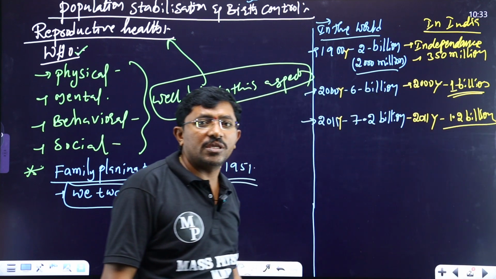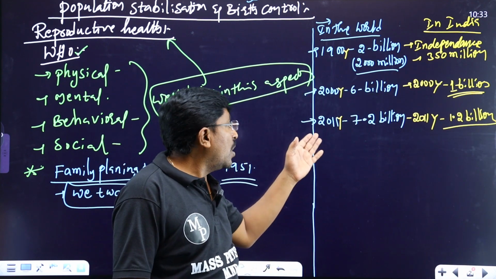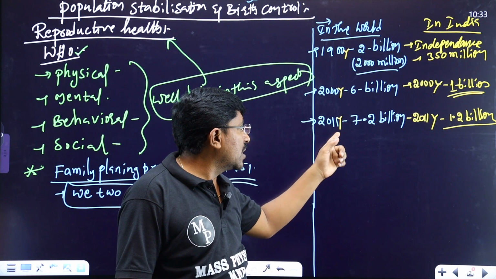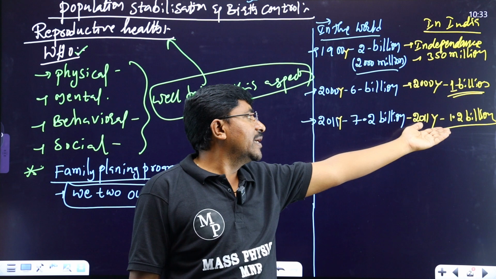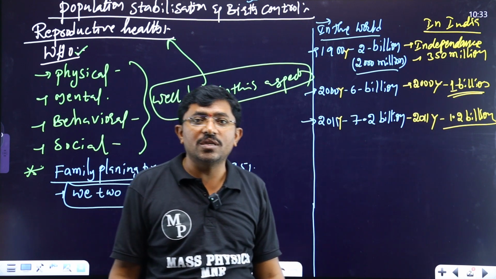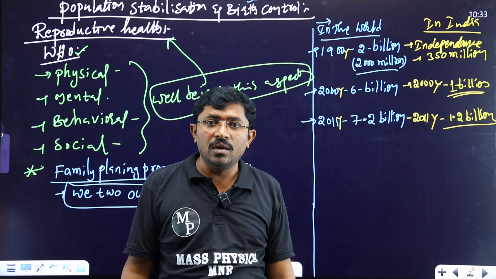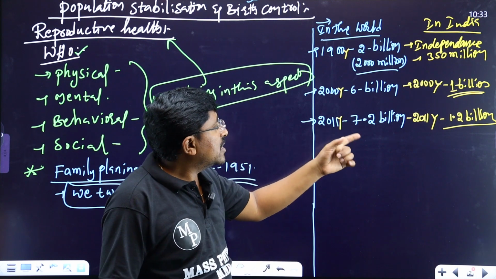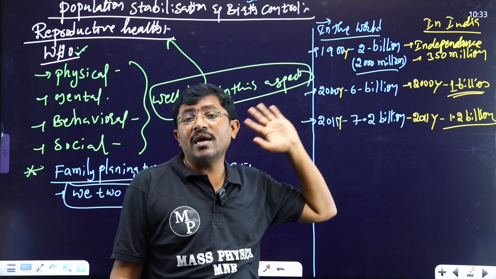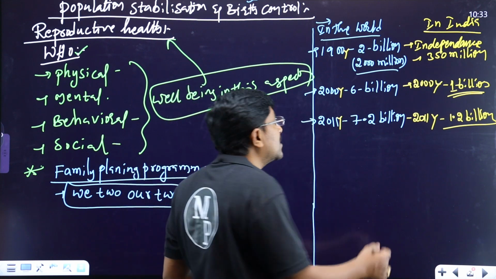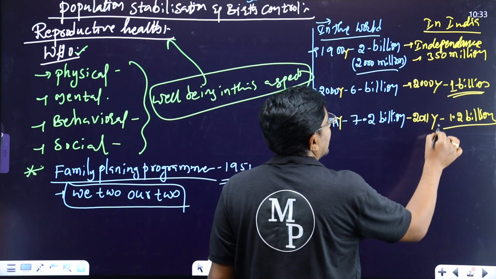In 2011 the world population is 7.2 billion, and in India alone 1.2 billion population is there. So what are the reasons for the increase in India's population within a short time, that high population growth rate?